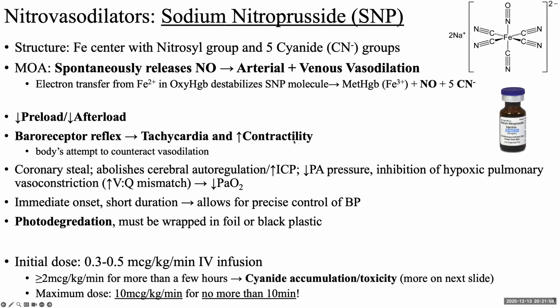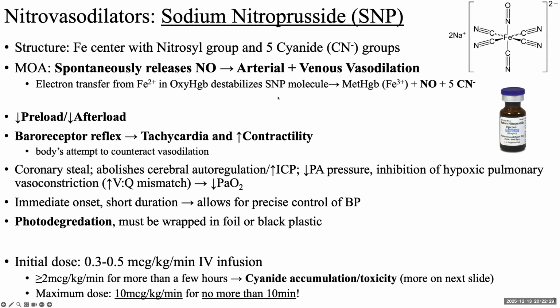Okay. Sodium nitroprusside, we'll abbreviate that SNP going forward. This one's interesting. Take a moment to appreciate the structure here: we have an iron center with a nitrosyl group, and aside from that, five cyanide groups attached. So, how does SNP work?